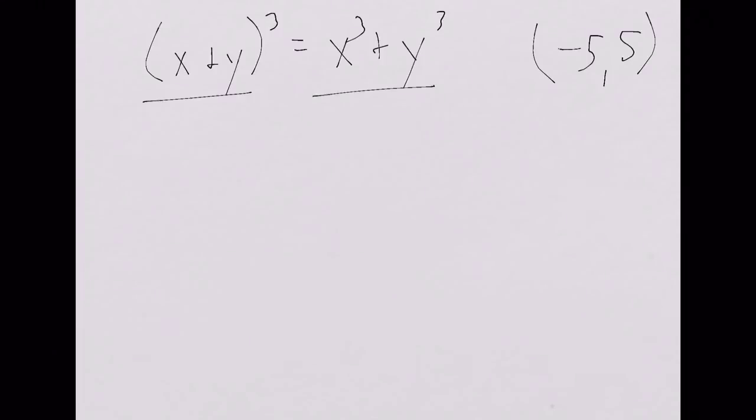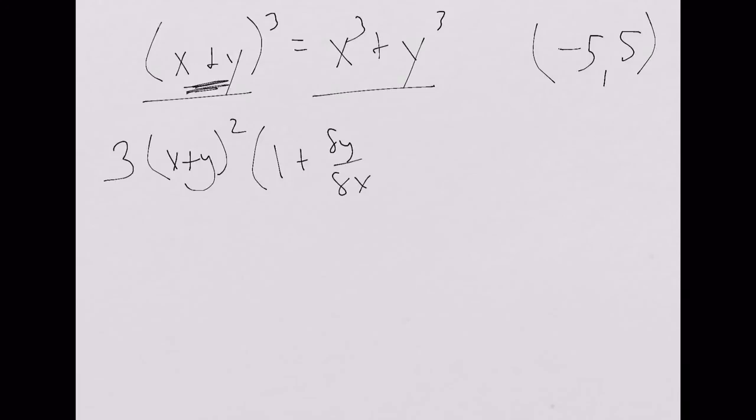So this first one, this looks like a chain rule to me. So you might be getting better with the chain rule. So 3 times (x plus y) squared times the derivative of the inside, right? Because that's what my u is, if I'm doing the substitution. And the derivative of x plus y is 1 plus dy/dx.